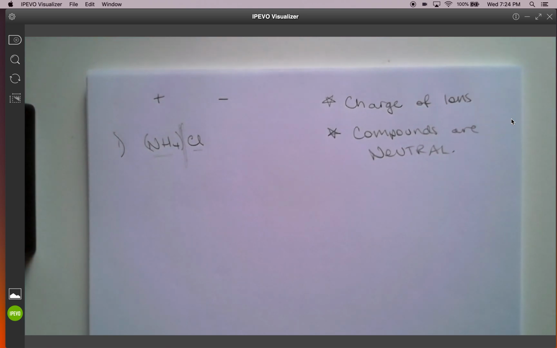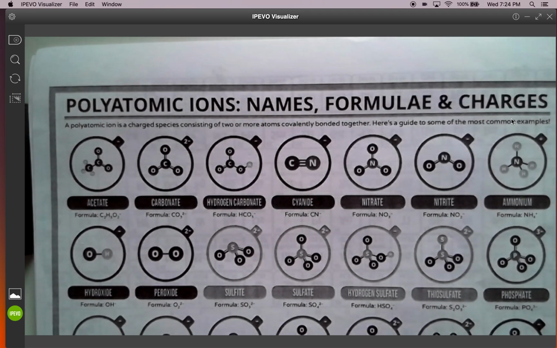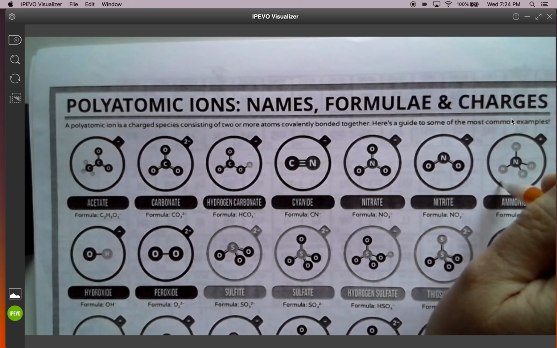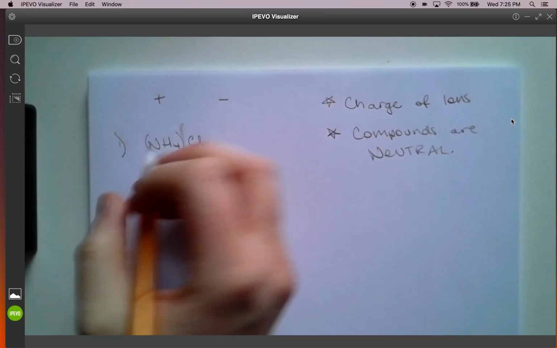Okay, found your polyatomic. You know that it's positive because it's in the front, so it's got to be positive. There's your polyatomic page. I'm also going to make this go a little faster because I think maybe it didn't save because I was too slow. So I'm going to give you some of this stuff and zip you through it. So there's your NH4 over there.